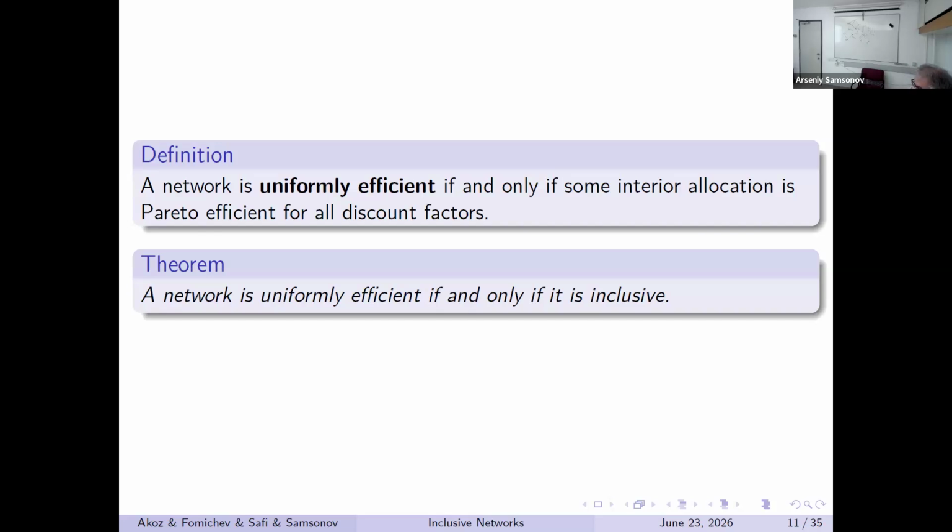Now you can ask me why I care about interior allocations, because there is altruism. Well, it turns out that we can use this result for more general settings. You can think of this result as more technical.